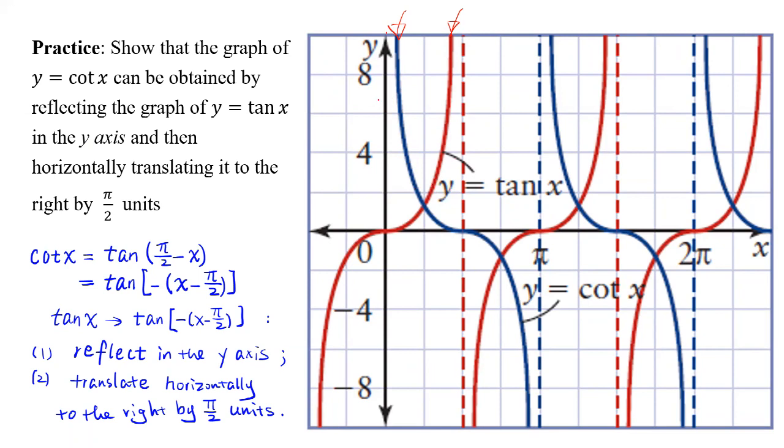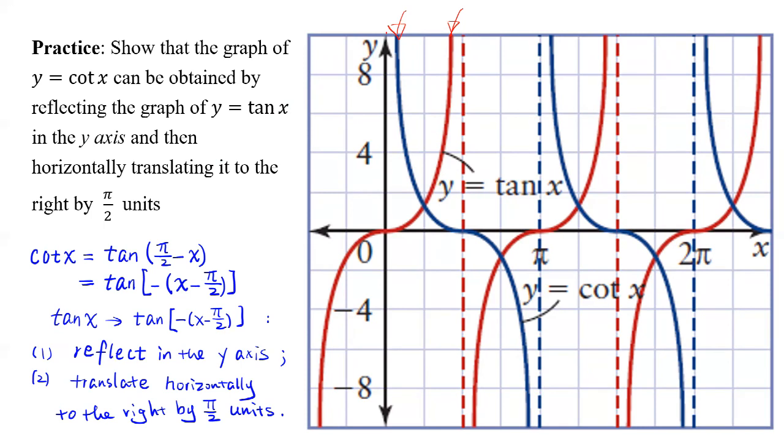So in this way, we have shown that the graph of tangent x and graph of y equals cotangent x is also interchangeable by a reflection in the y-axis as well as a horizontal translation, right?